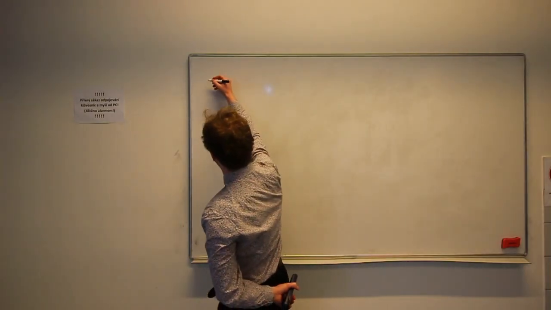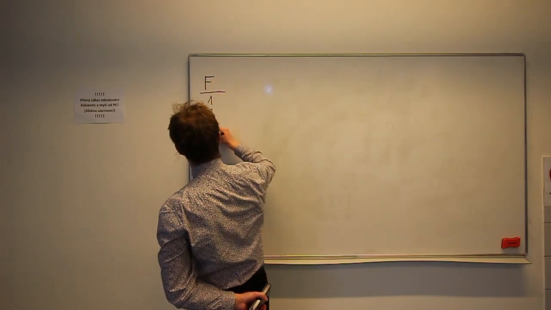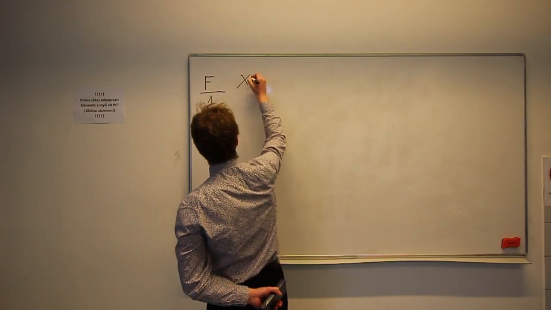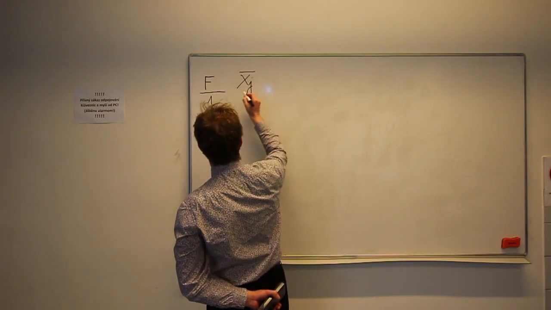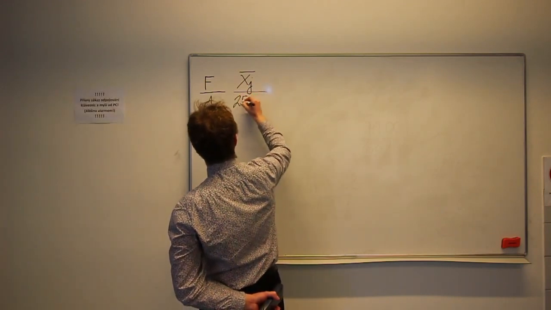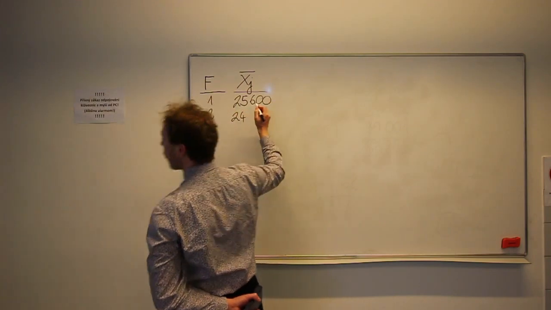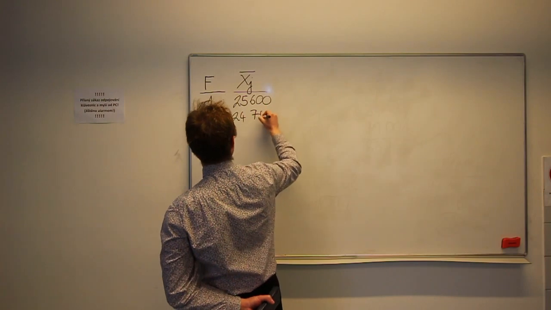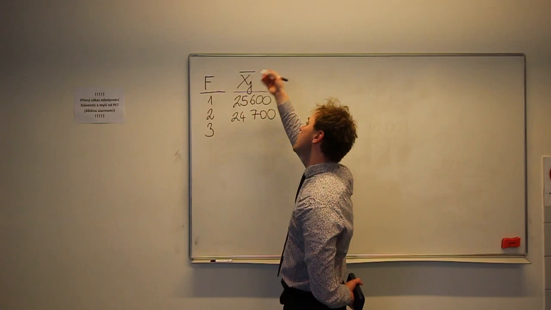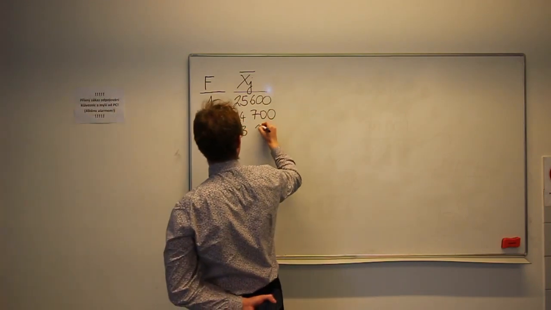Okay, so I will write here that we have firm number 1, number 2, and number 3, and we will denote individual averages XJ with stripe: 25,600, 24,700, and the lowest individual average 23,200.